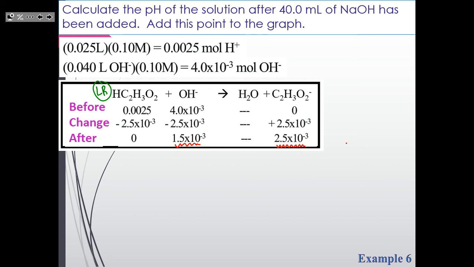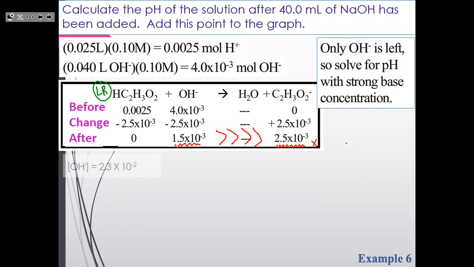But what I want to emphasize here is that the concentration of hydroxide is really going to be the major influencer of pH in this problem. So we don't really have to keep count of what's going on with the conjugate base. We can simply take the concentration of hydroxide, and remember, that's moles per liter. So you'll see that these numbers are different. And then we can find, of course, the pOH from there and get the pH.